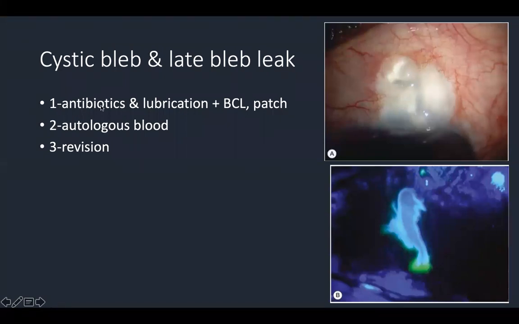You need to put the patient on antibiotics as long as he's leaking, and lubrication to prevent further rubbing of the eyelid and further enlargement of the wound. Then you have BCL or patch, which usually fail in late leak, and autologous blood is still an option in these cases, and most likely you will reach bleb revision as long as it's avascular and cystic.